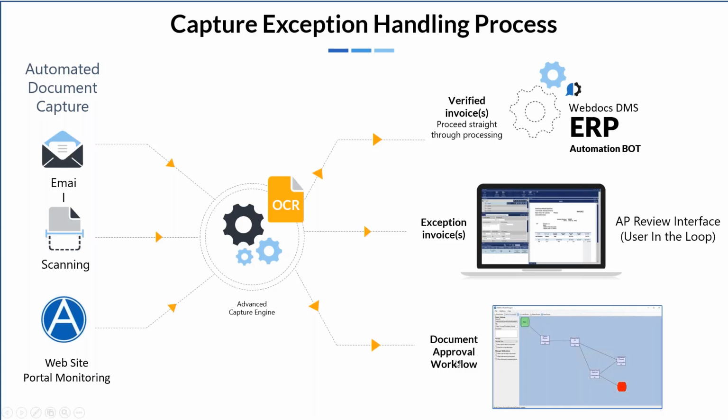Then we can also kick it into what we call a document workflow approval. If the document fails that process and the operator corrects it. So say it's a non-PO invoice, it comes into the system and it's over a certain amount, the operator then can pass it through, and then it will go through the document approval stage inside the system.